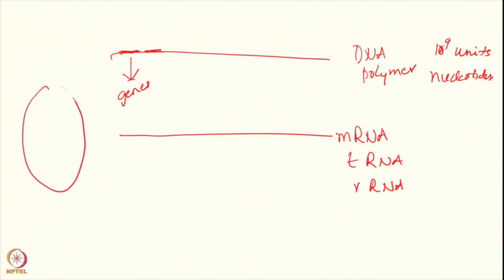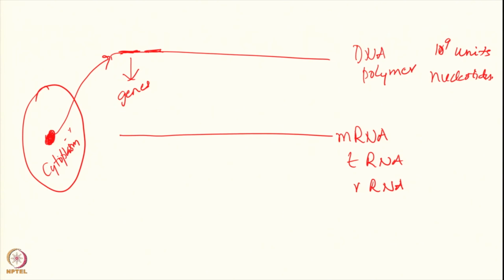So, if I were to draw the cell here, you have the nucleus, and this contains the DNA, and the mRNA and these things actually happen inside this other thing which is called the cytoplasm here. So, the genes are expressed in the form of mRNA, that is a particular mRNA.